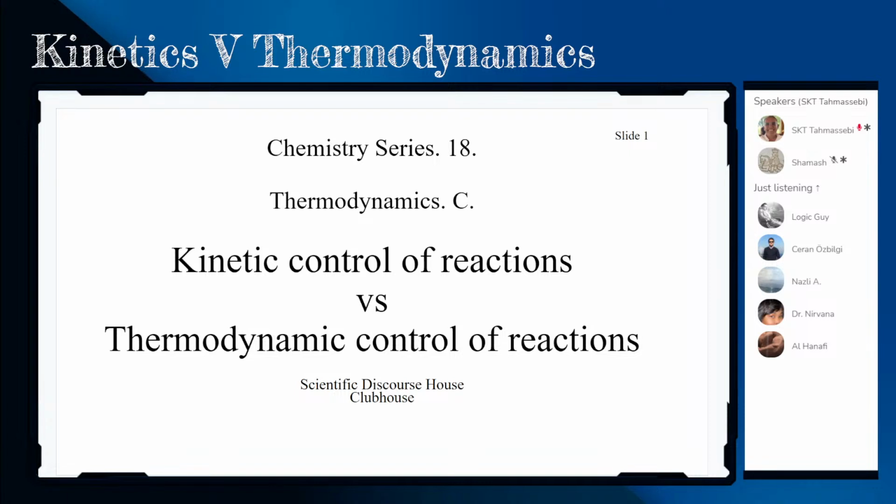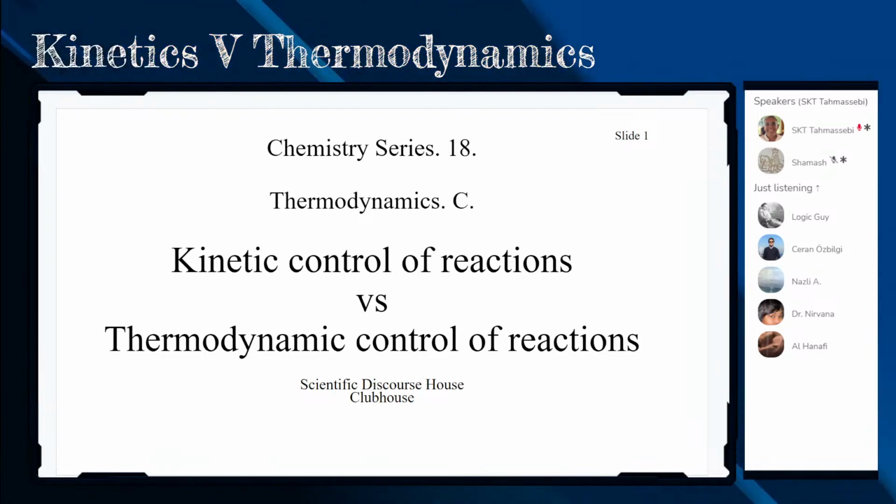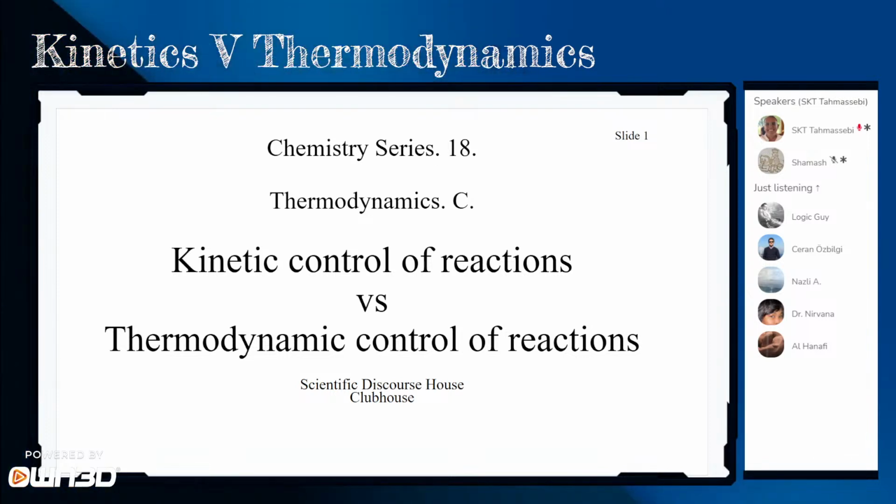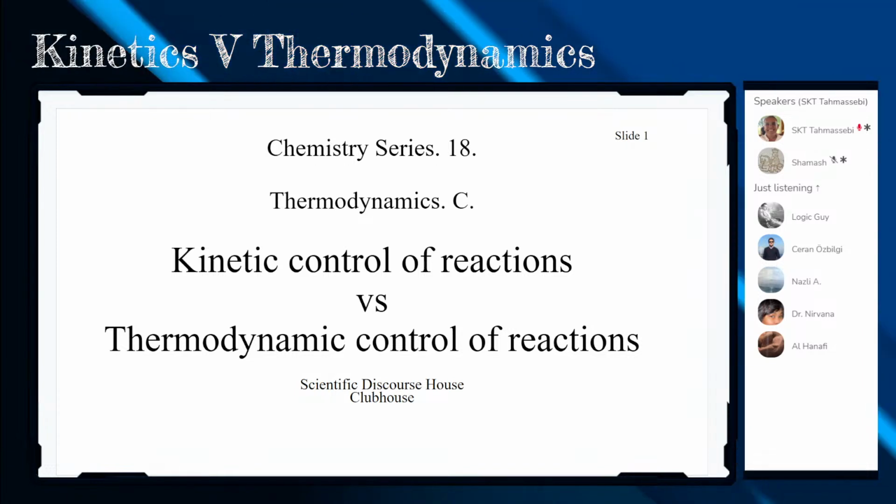Starting from today, we're going to go into how thermodynamics affects reaction mechanisms and product formation, how some reactions are under kinetic control, some are under thermodynamic control, and what a chemist can do to shift a reaction from kinetic to thermodynamic or vice versa.